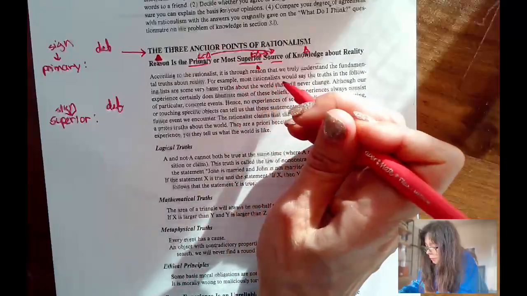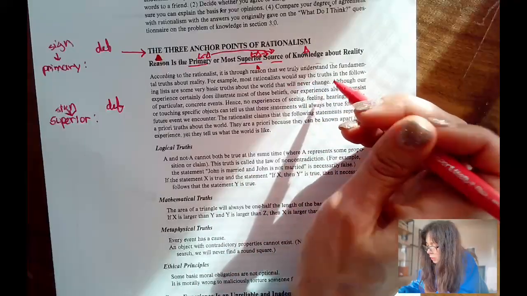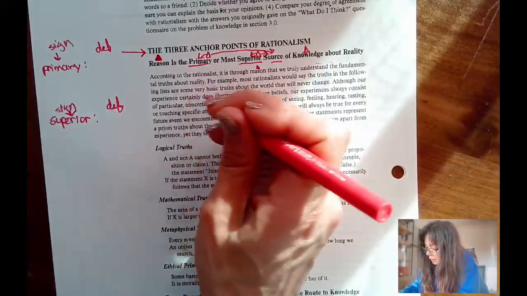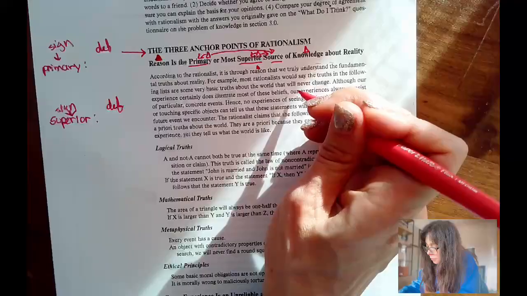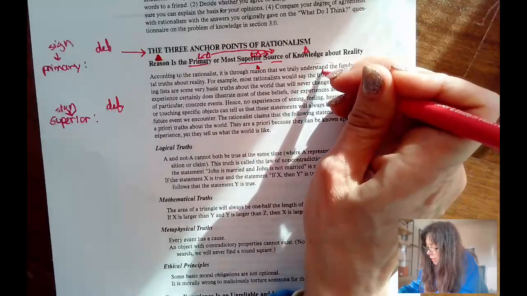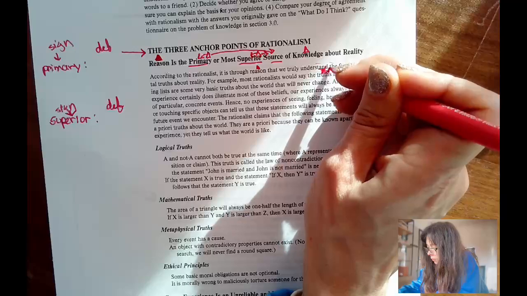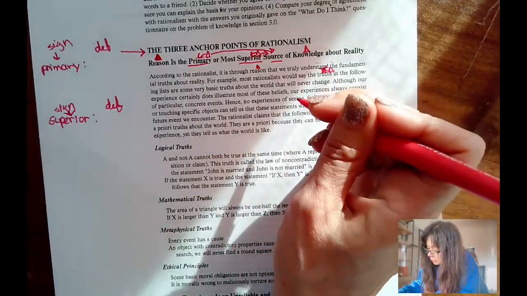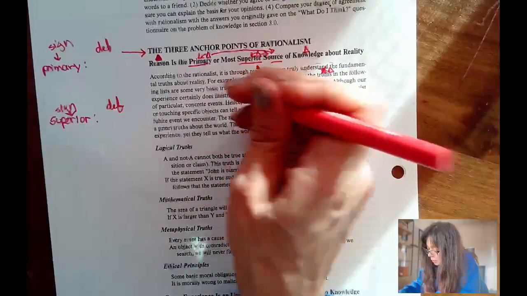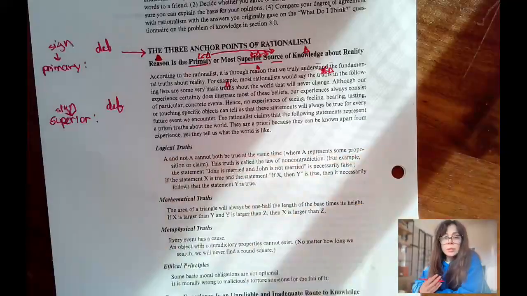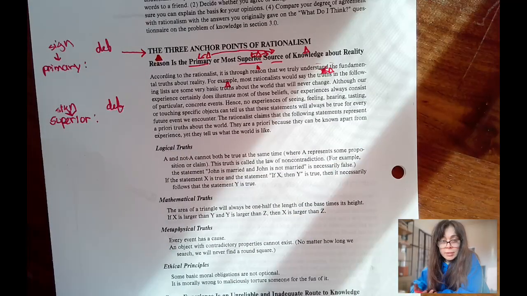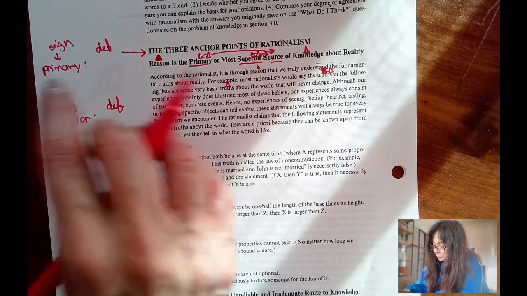For example, most rationalists would say that the truths in the following list are some basic truths about the world that will never change. Here we do put, don't fill it in, I'm crossing that out. Put an unfilled triangle over truths here and over here. Truth is something that all of the theories are interested in, right? So we're going to go ahead and put a clear triangle over those words.